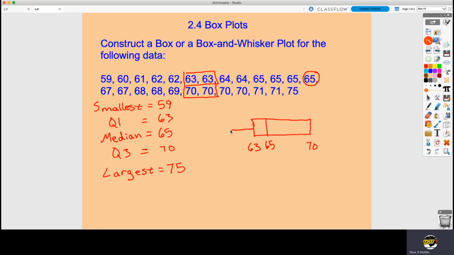So we draw a line out here to approximately where 59 would go. And then on the other side, this one should be a little bit longer. And there you go, that's all you have to do for your box and whisker plots.